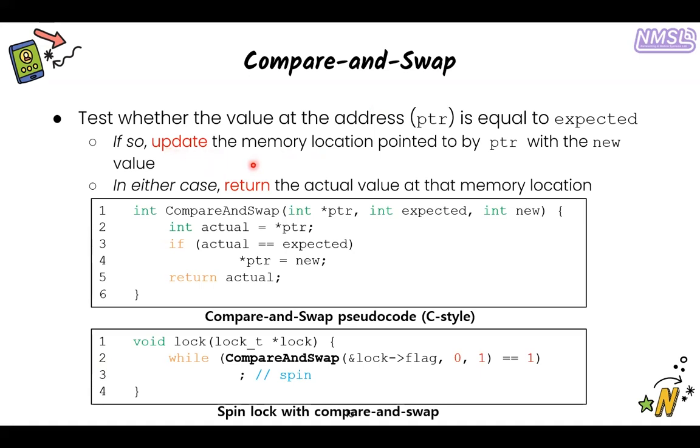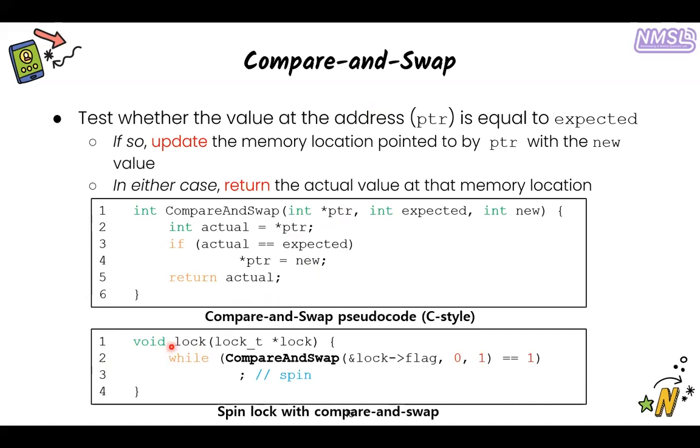In any case, whether the result of the comparison is true or not, you still return the actual value at that memory location. So here, compare and swap, you have a pointer. The actual is basically whatever value is in this location. Then you compare whatever is here with expected. If the same, the new value goes into the pointer.